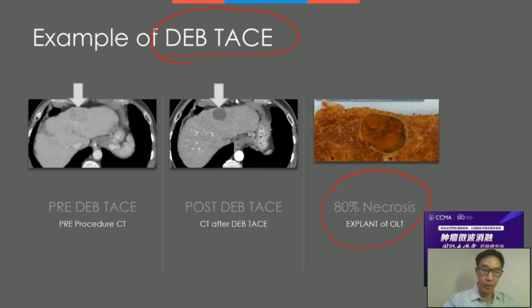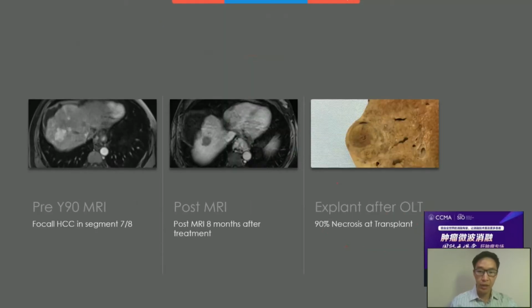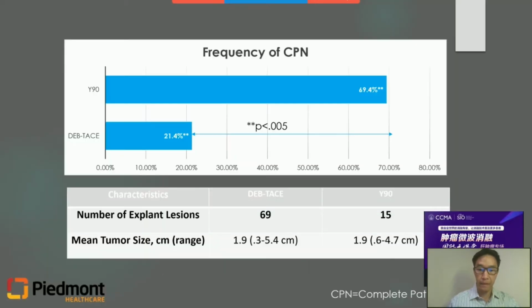So for instance, in this one patient who demonstrates a very nice radiographic response, there's still evidence of recurrence of disease, and there was only reported 80% necrosis. Similarly, for those patients that had received Y90, you can see a very nice radiographic response with further shrinkage of the tumor, with the explant revealing 90% necrosis.